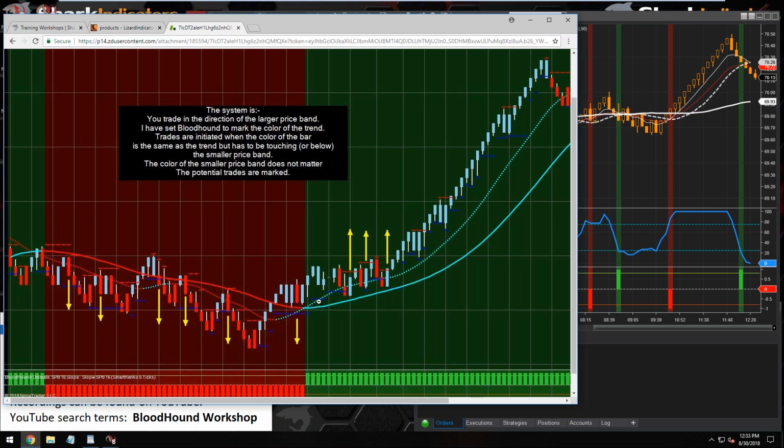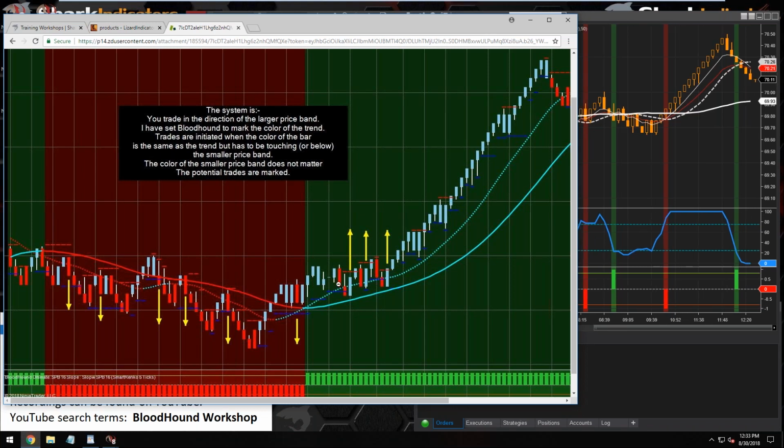And then the dotted moving average is the faster one. And so we're looking for the bars to close below it, but no more than 5 ticks below the moving average. So that's important there. No more than 5 ticks below the moving average.